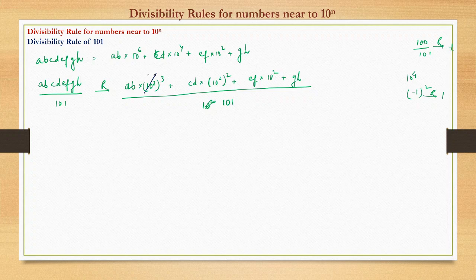So here remainder is minus 1, here remainder would be 1, and here remainder would be minus 1. So basically the remainder that remains is minus AB plus CD minus EF plus GH.